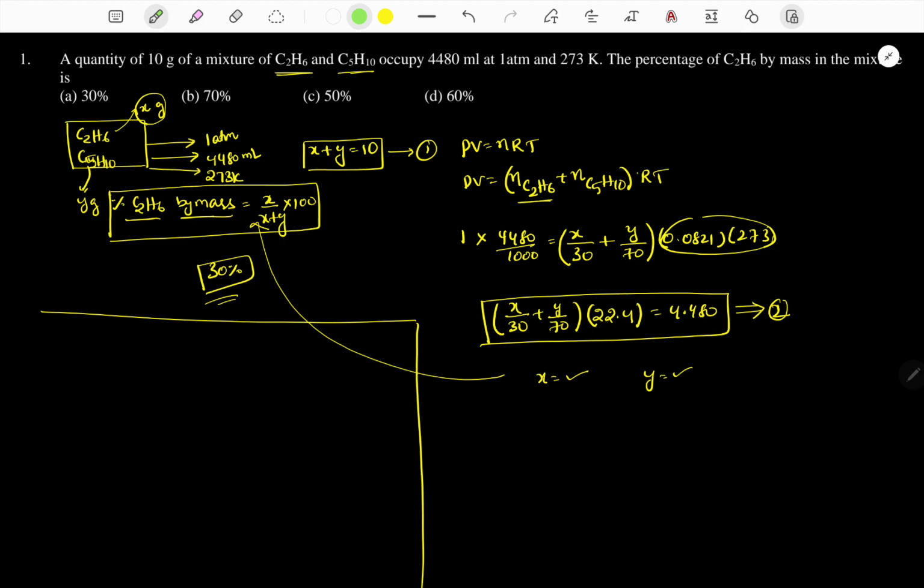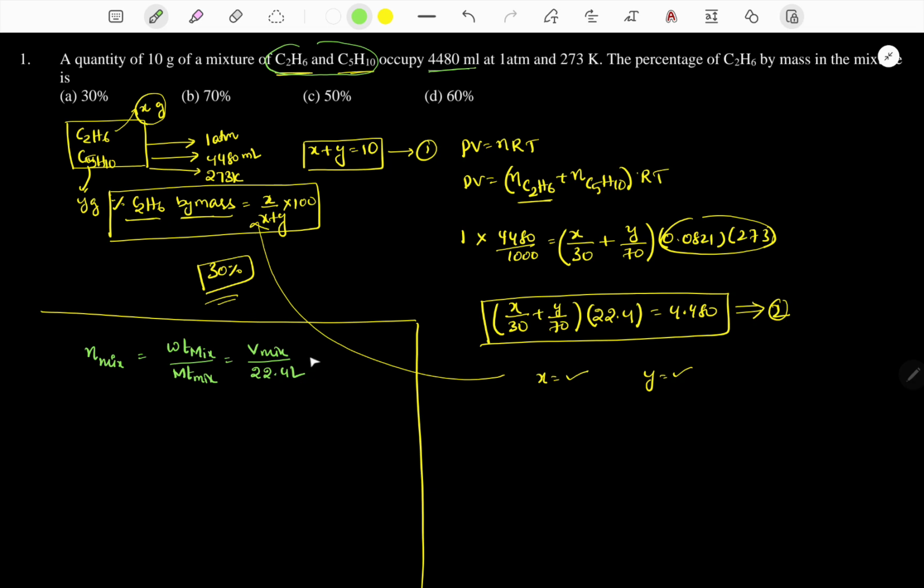This question can be solved in another method. We know that the total gas occupies 4480 ml. That means number of moles of mixture equals weight of mixture upon average molecular weight of mixture, equal to volume of mixture upon 22.4 liters.